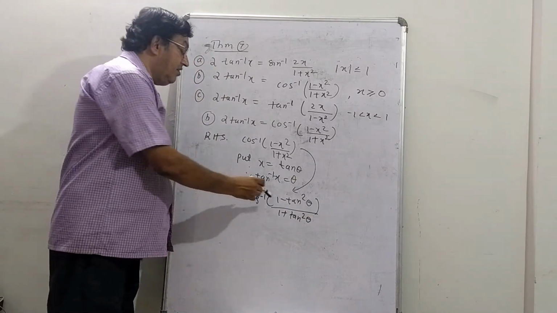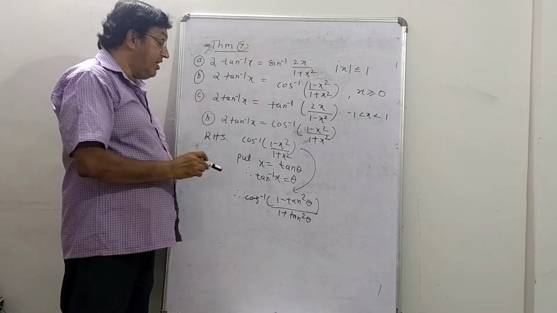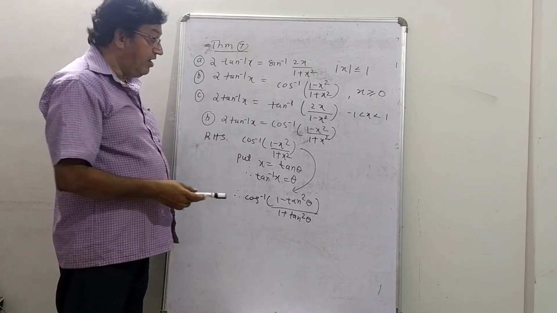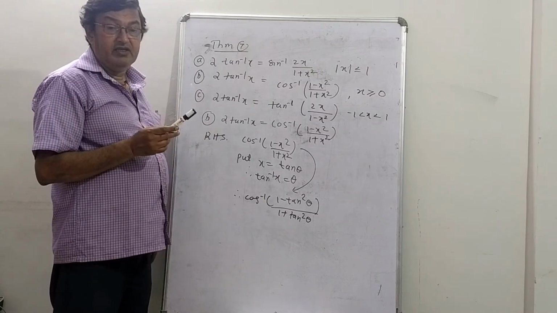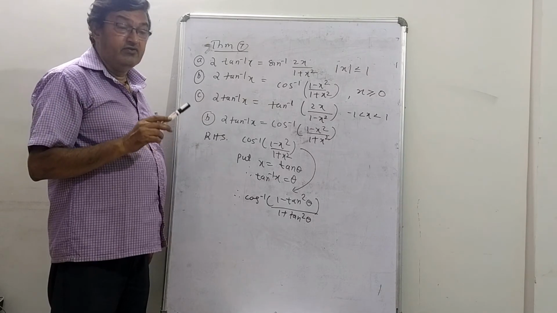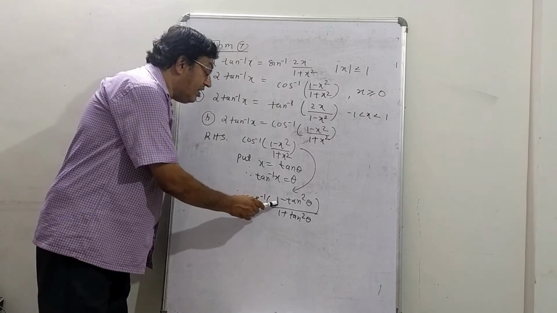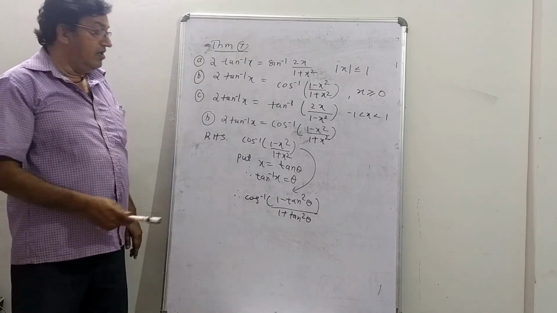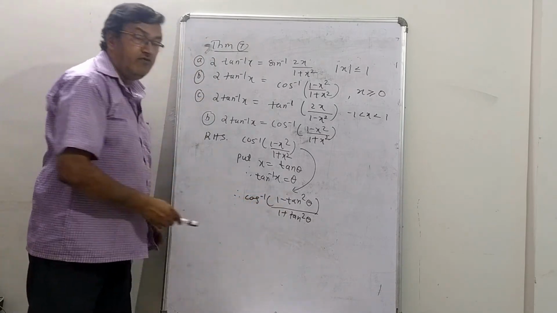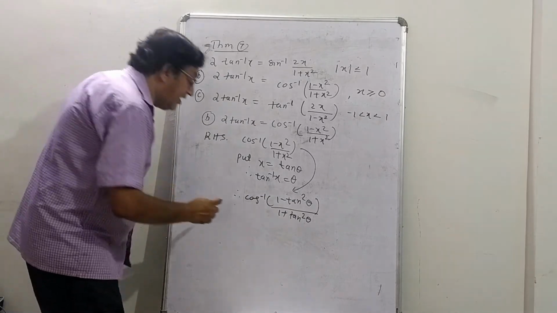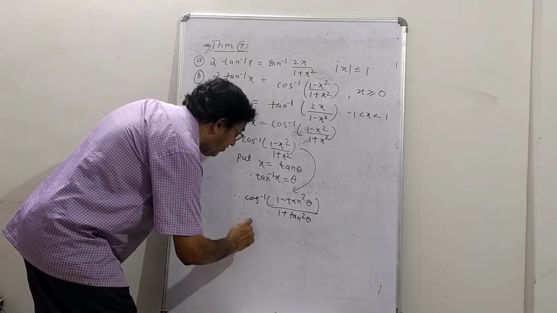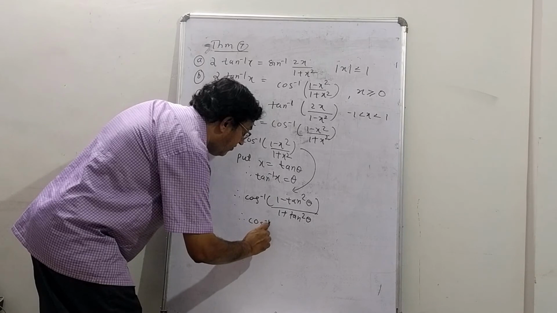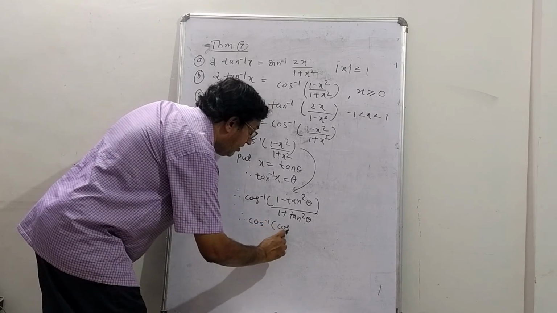This is the last value. So cos 2 theta is cos square minus sin square, or 2 cos square theta minus 1, or 1 minus 2 sin square, or 1 minus tan square theta divided by 1 plus tan square theta. This is nothing but one of the values of cos 2 theta. So we can rewrite this as cos inverse of cos 2 theta.